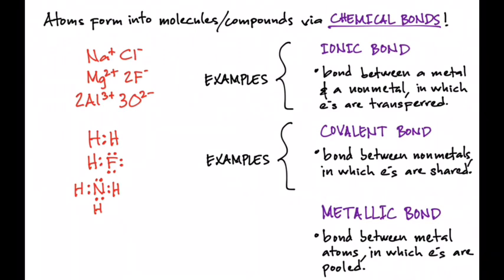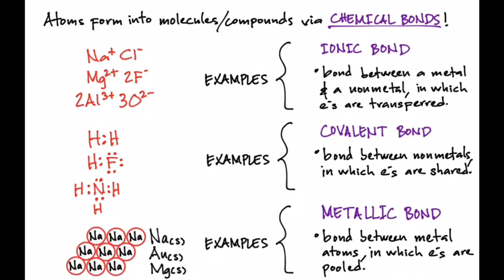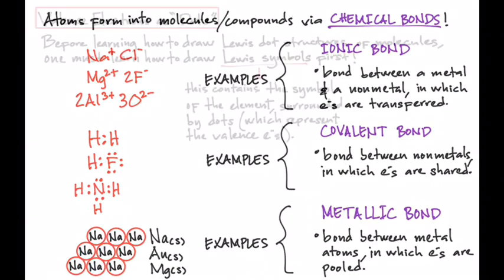Here we have hydrogen gas, hydrogen fluoride, and NH3, which is basically ammonia. Other molecules like caffeine and sugar, as well as alcohols, also use this type of chemical bond. And the last example here is for metallic bonding. Metallic bond is present in all metals, like sodium metal, gold metal, and magnesium metal.